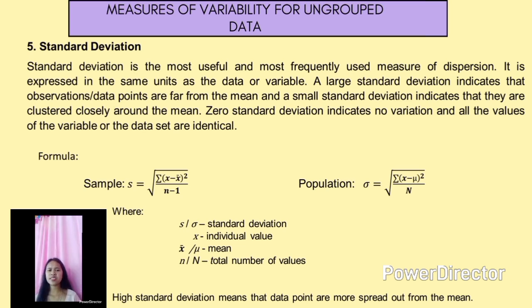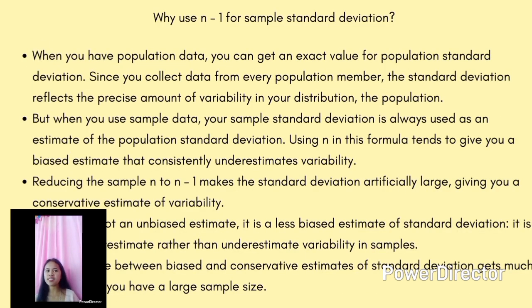How do we interpret the standard deviation? High standard deviation means that the data points are more spread out from the mean. So, why use n minus 1 for sample standard deviation? Samples are used to make statistical inferences about the population that they came from.